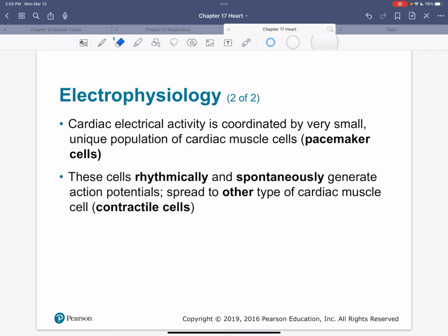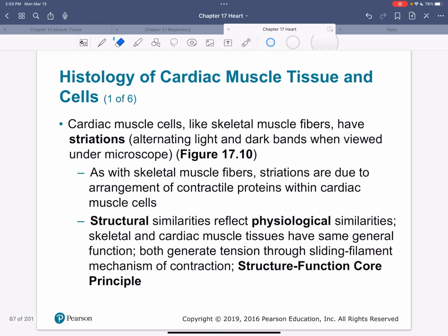And these cells set up rhythmic, spontaneously generated action potentials that will spread to other types of cardiac cells, which are the ones that are responsible for the contraction. So we have these two different populations that are highly related: the pacemaker cells that are in certain locations and groupings, and then the rest of the myocardium, which are the contractile cells.